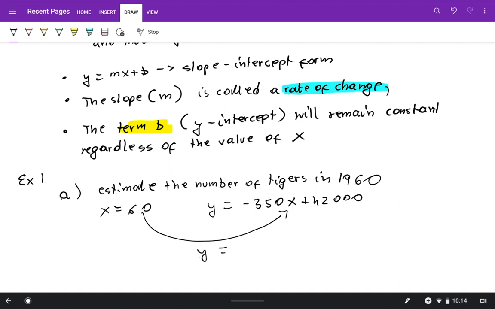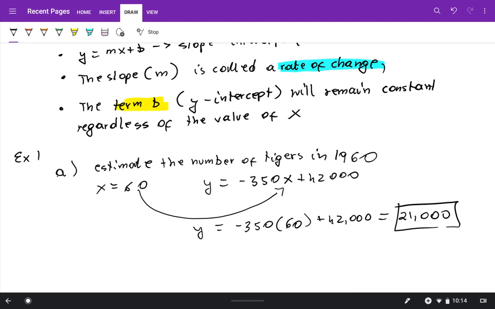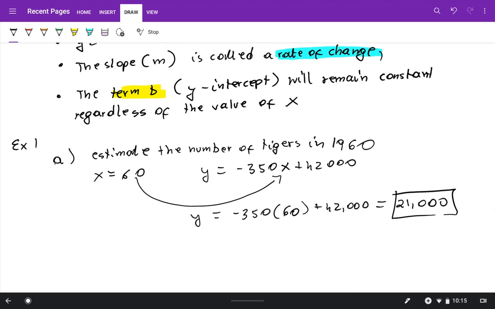So we have y equal to negative 350 times 60 plus 42,000, and we're getting 21,000. So again, I was correct with that, but it wasn't easy to read it because I would say, okay, it's between 21,000 and 22,000.